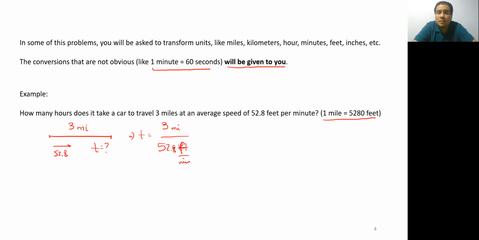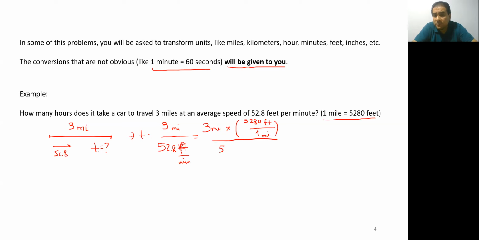So we need to do a conversion here, since there are miles and there are feet. We can convert miles into feet. So here we would multiply the quantity of miles by a conversion factor, which is a rate, okay? 5,280 feet per 1 mile.